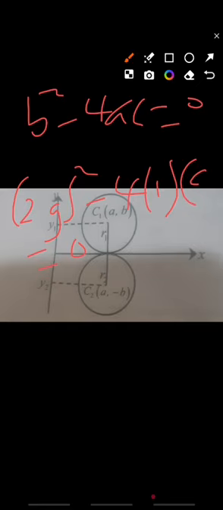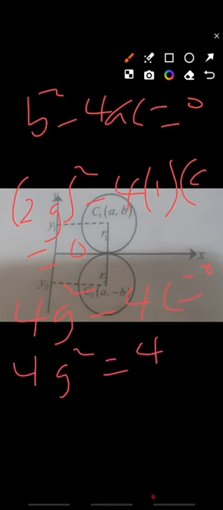So we have 4g squared minus 4c is equal to 0. Now we can see that 4g squared is equal to 4c. The 4 and 4 cancel, and we have g squared equal to c.